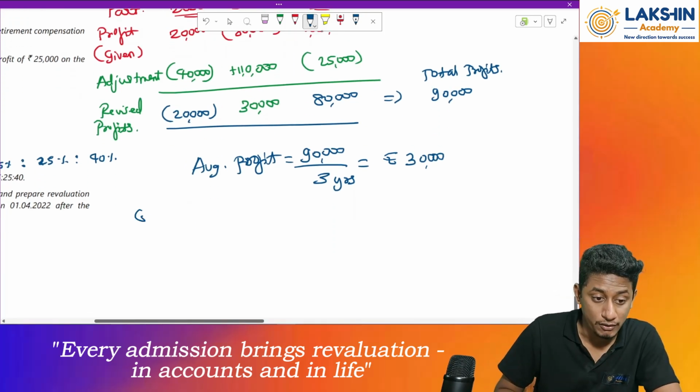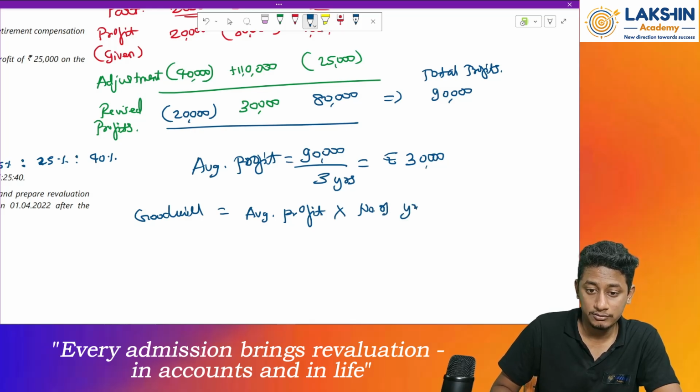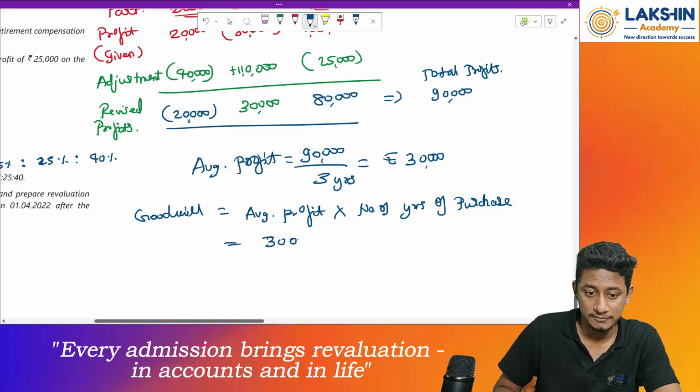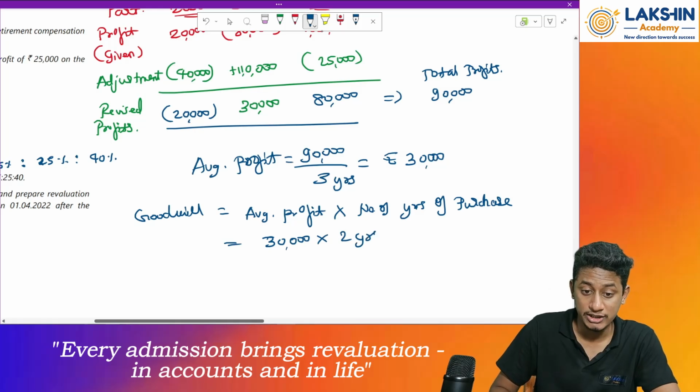Now to find out goodwill, what to do? Goodwill is equal to average profit multiplied by number of years of purchase. So average profit is rupees 30,000 into what is the number of years of purchase? As per the question, it is 2 years, right?